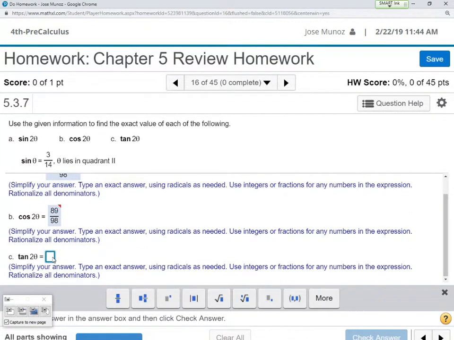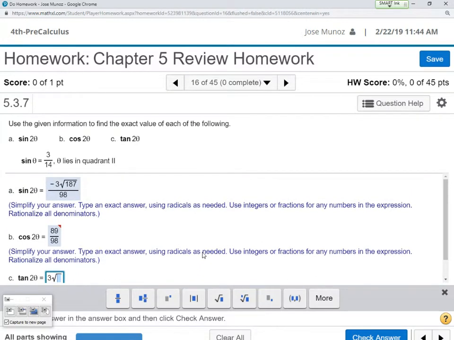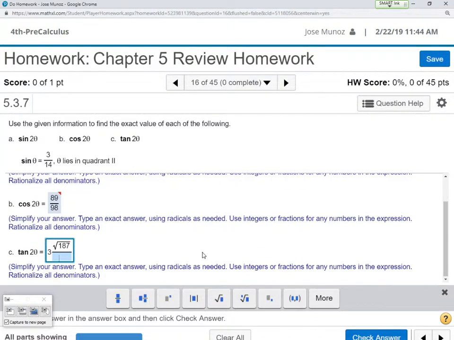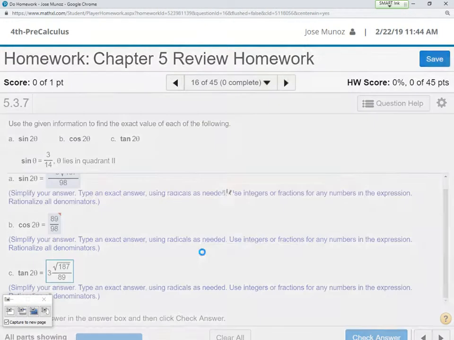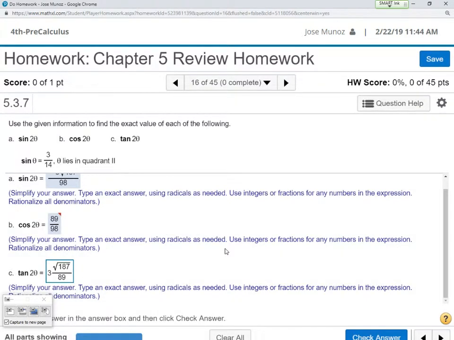It should be 3 square root of 187, and then over 89, all of it. Okay, it's the same. It's equivalent. My theory was incorrect. So let's see here what's going on.